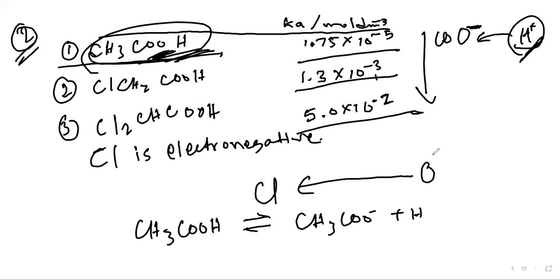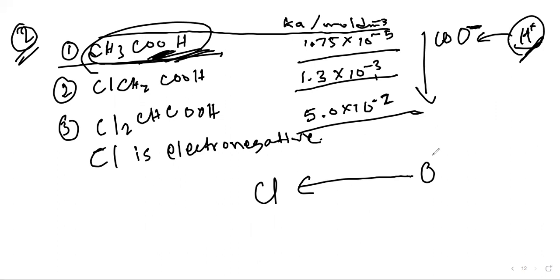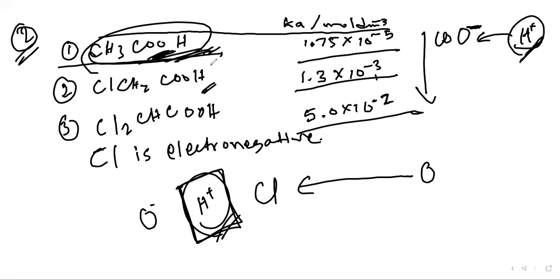It will be less electronegative, having less negative charge. If the negative charge is very small, then it will be less effective on hydrogen. If that's the case, hydrogen is less prevented from roaming around in a free ion state. That means more H plus concentration. The concentration of H plus is greater in number 2 compared to number 1.